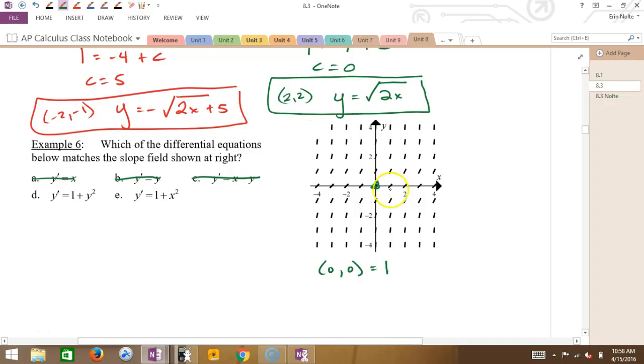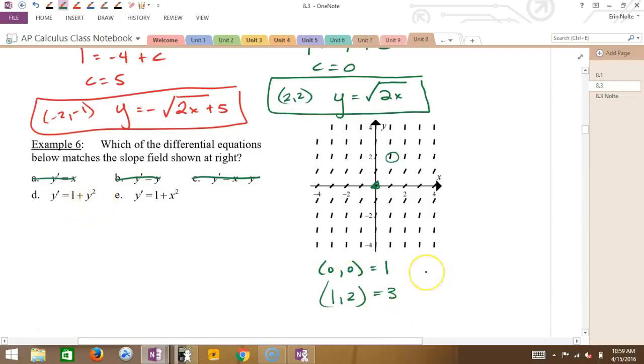1, 2. So 1, 2 is this spot right here. I would say this slope looks like maybe 3, because it looks like it's steeper the higher you go. Let's see which one would work for this. If I plug in 2 for D, I would have 1 plus 2, which is 5. We said 3.